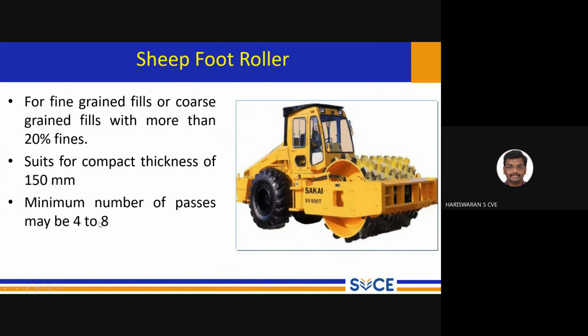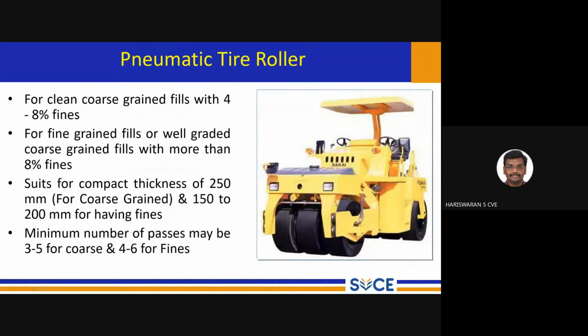A minimum number of passes is required, 4 to 8. The number of passes I have highlighted may vary from vehicle to vehicle and soil to soil, but approximately we can categorize. Then pneumatic tired wheel, based on the tire pressure, we are going to compact. This will be recommended when very few fines are there and coarse grain soil is available.